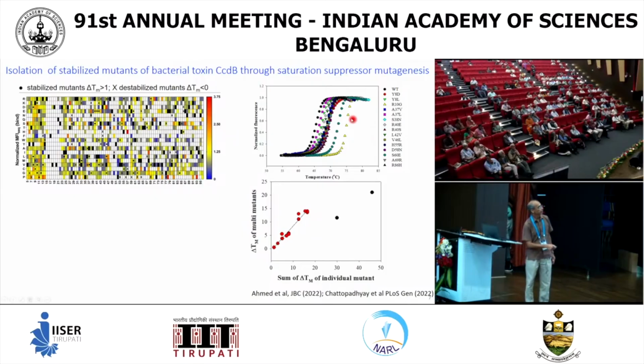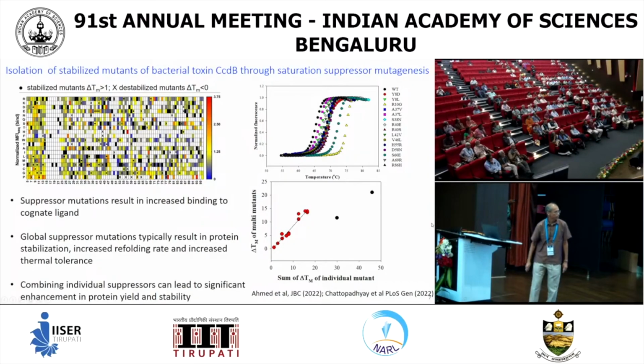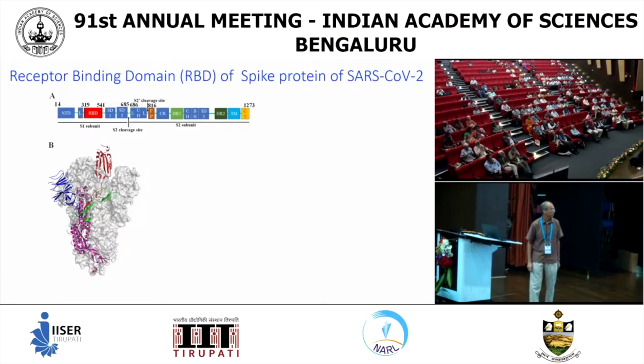So you can see that in black is the wild type unmutated protein, and by making different point mutations, we were able to increase the stability of the protein by quite a large amount, almost 15 to 20 degrees, and we could combine different point mutants and get large increases in the protein stability. So this is a way of enhancing protein stability in a high throughput way.